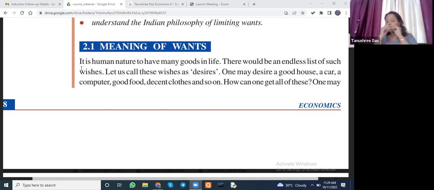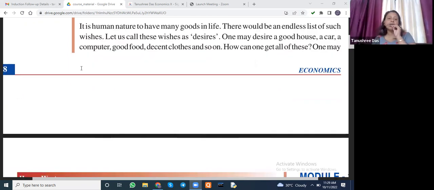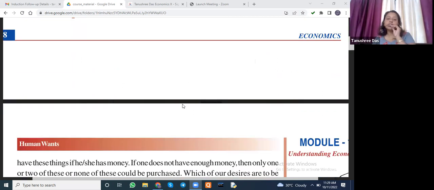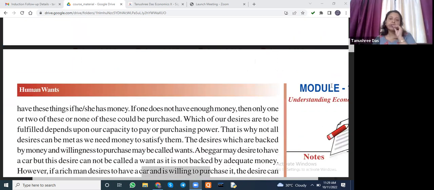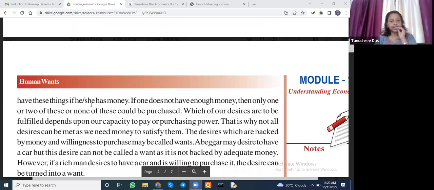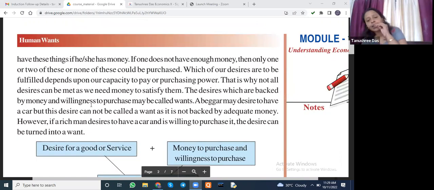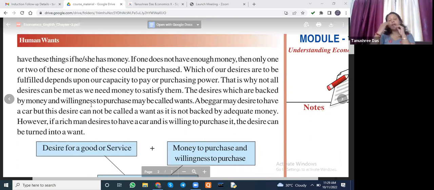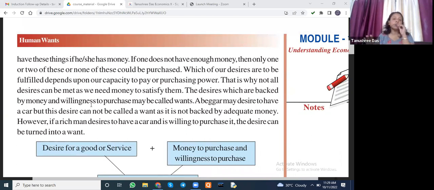So now the next point will be the difference between wants and desire. There is a difference between want and desire. I can desire anything because there is no foundation for desiring a thing. But until and unless we have the capacity to pay, or purchasing power, those desires cannot be termed as wants.